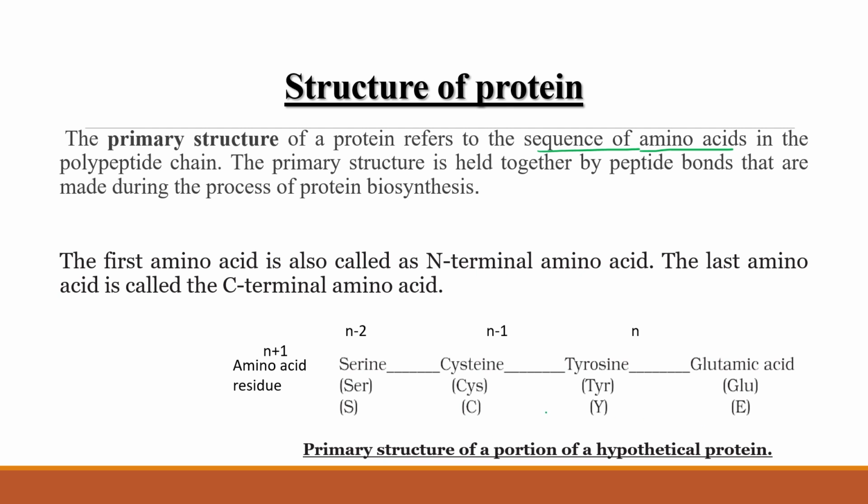So this is the primary structure, just alignment of different amino acids. The first amino acid is known as the N-terminal amino acid, and the last one is known as the C-terminal amino acid. Just the sequence of amino acids in a polypeptide chain is known as primary structure.